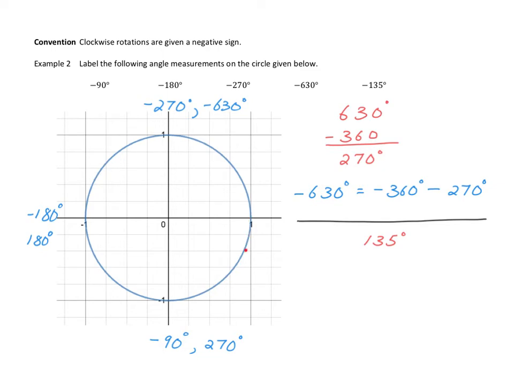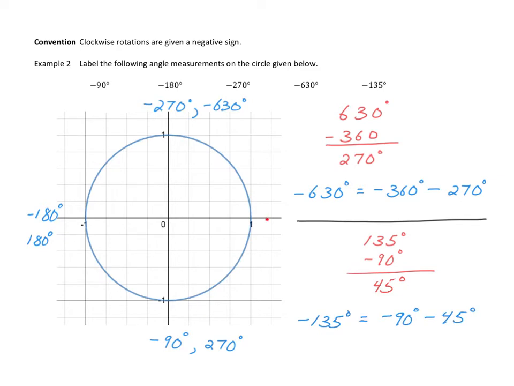I know 135 is going to be somewhere over here, so I'll take 90 away from it and reason it out. So if I subtract 90 degrees, I get 45 degrees. This tells me that if I rotate clockwise 135 degrees, that's the same thing as first going 90 degrees clockwise, followed by another 45 degrees.